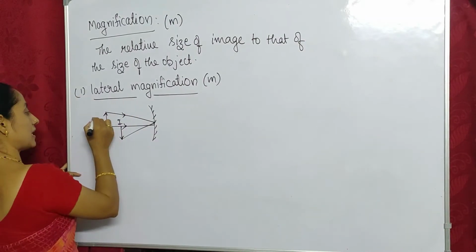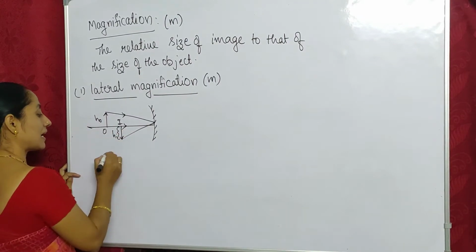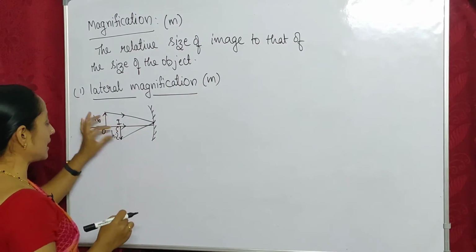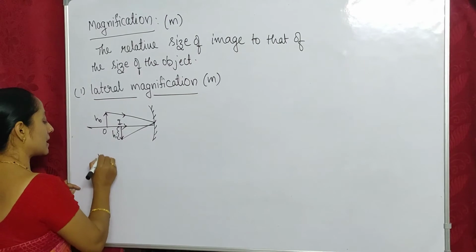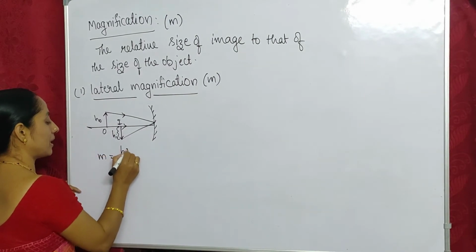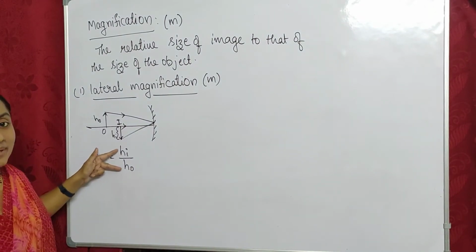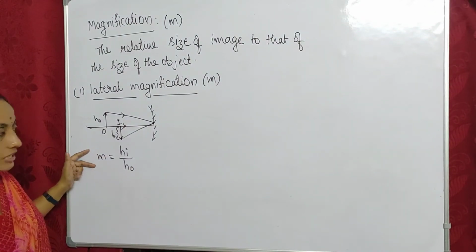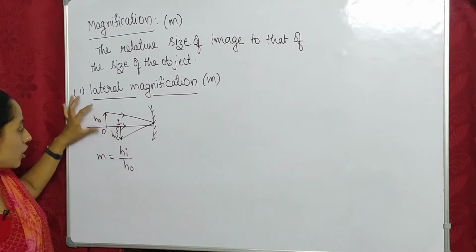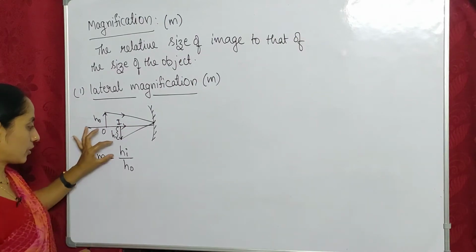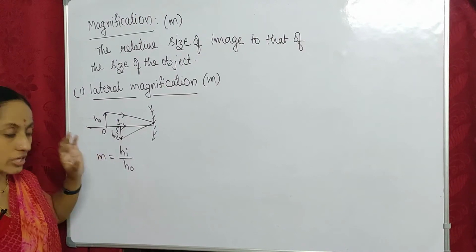If this is height of the object, this is height of the image, I can consider laterally, sidewise, how much it got increased or decreased. So m is equal to height of the image by height of the object. Comparison of size of the image and object is called lateral magnification, sidewise. So m is equal to hi by ho.